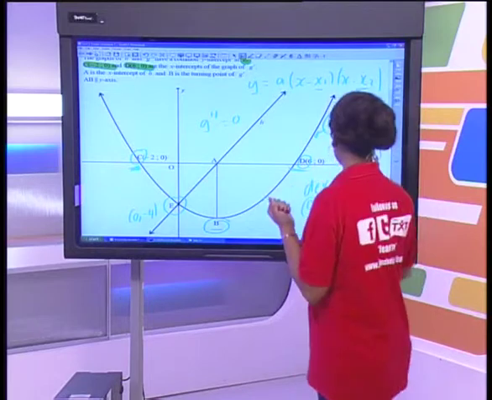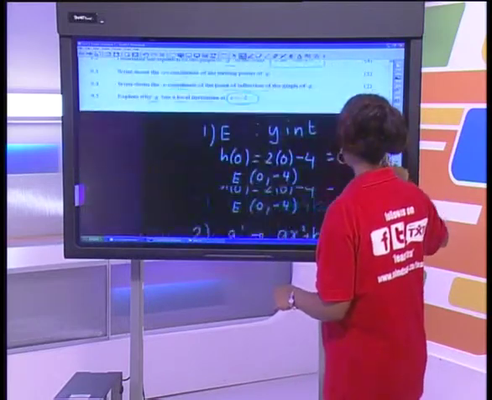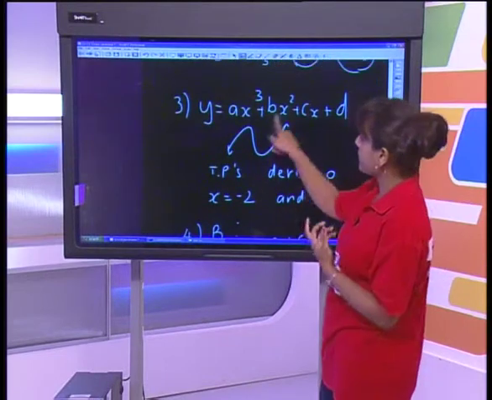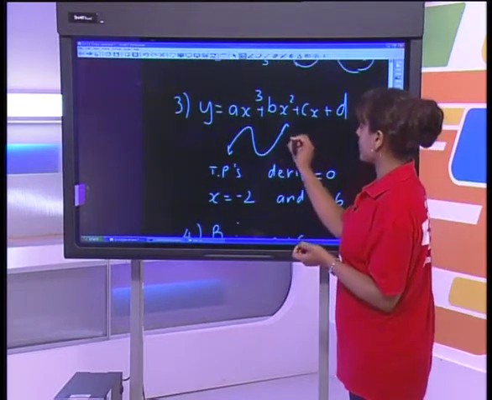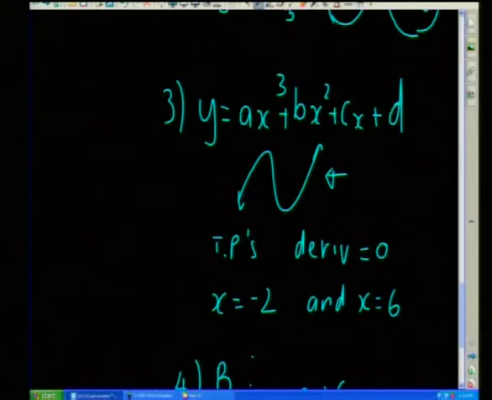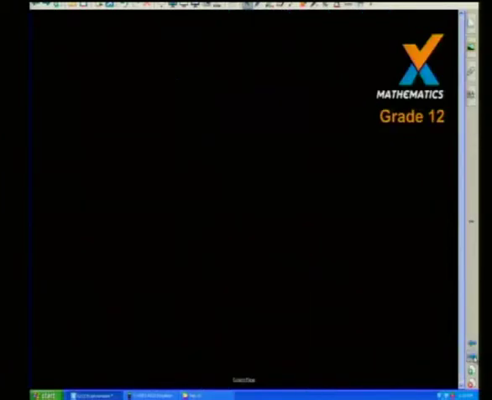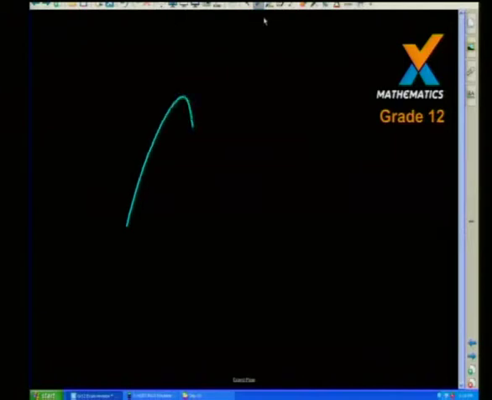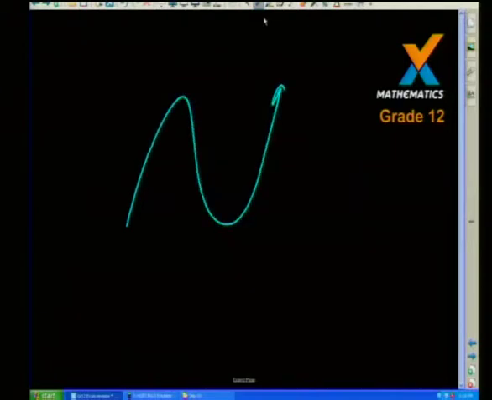So, if we want to explain why it is a local maximum, now remember I've already shown you that because we're dealing with the positive gradient, this is the kind of shape that we're looking at for the calculus graph, all right? So, let's just explain it here. So, this is the graph that I'm looking at for the original function. This is the type of shape we're looking at, all right?